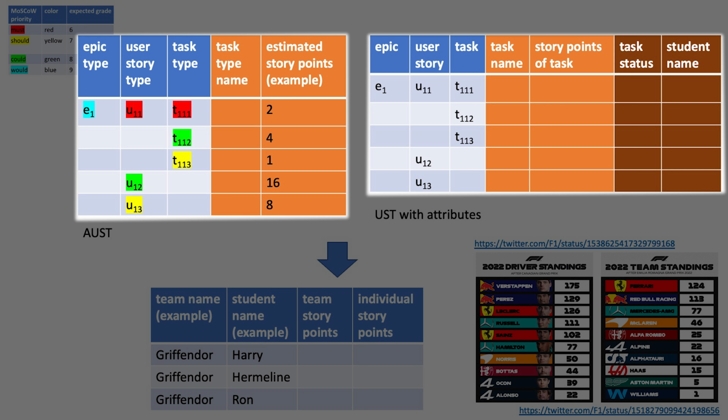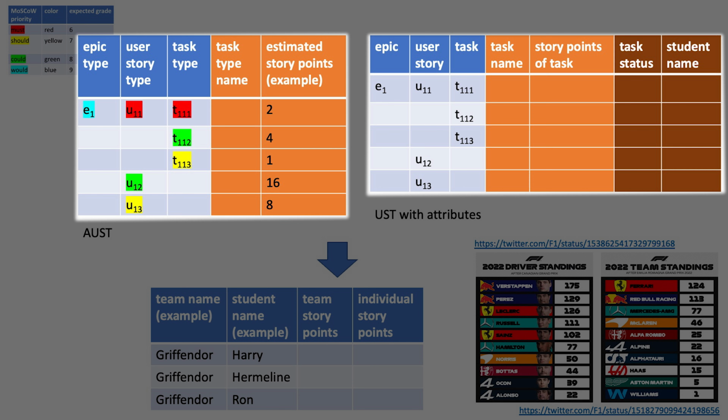The idea is that the AUST helps the students to build their own concrete Scrum board because they don't have to think about names and story points of tasks and user stories anymore. This information has already been conveniently provided for them.